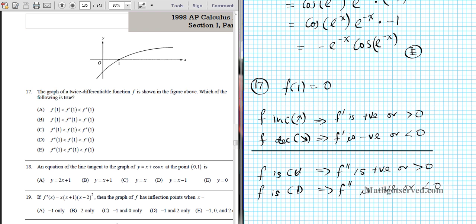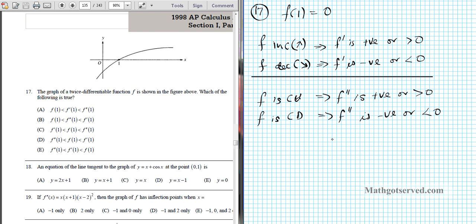All right, so at the point x equals 1, what do we know about f? F is increasing, it's going up.